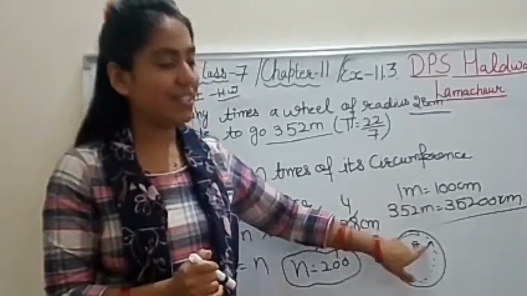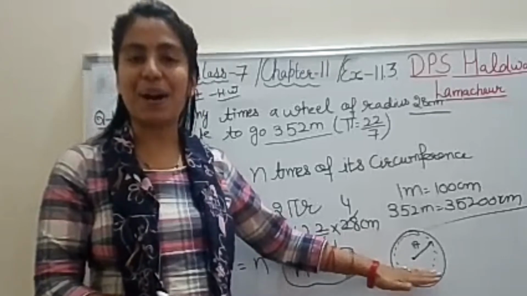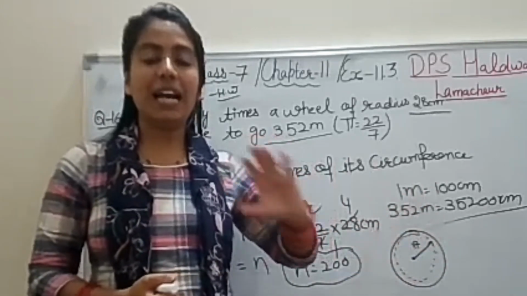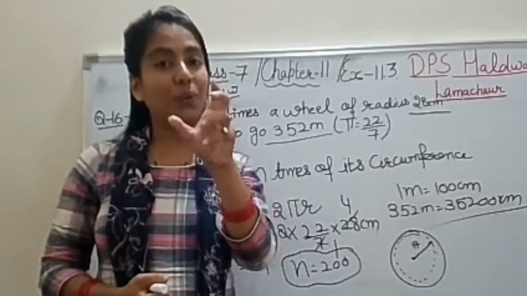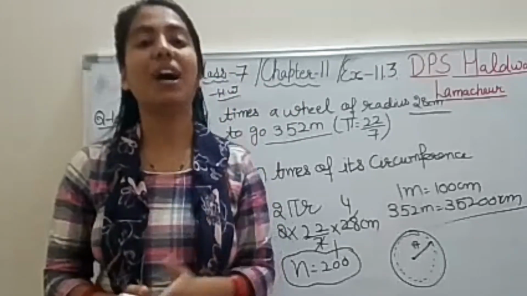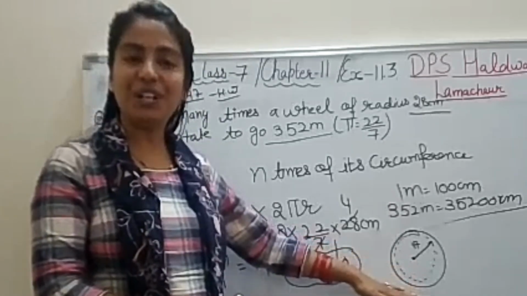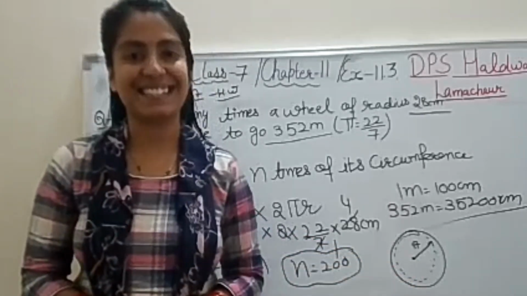R is given to you as 17 meters. Right, student? This is an activity-based, logical question, but the value and formula are the same, and you have to do the calculation. I hope you got this question. You will easily get the answer.